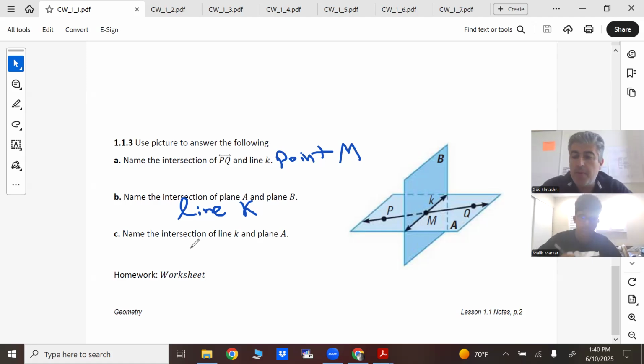The intersection of line K and plane A, well, that would be line K itself, because line K is on plane A.